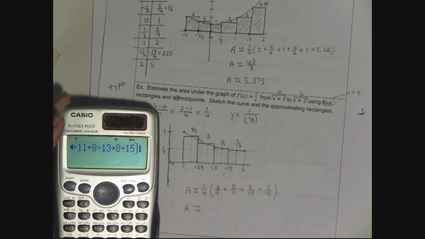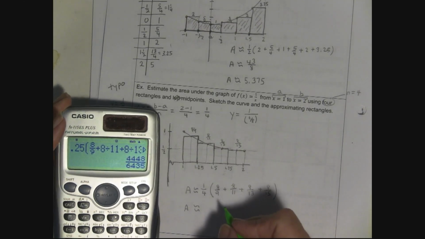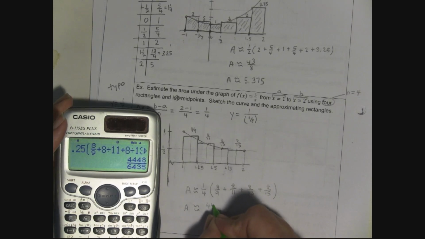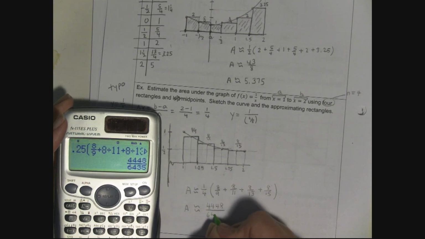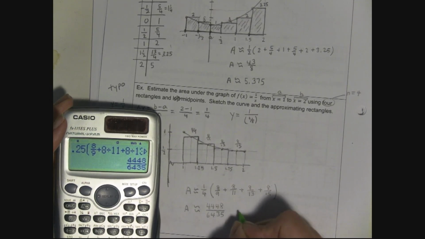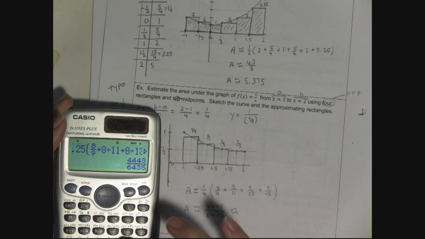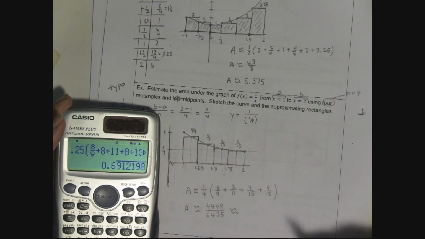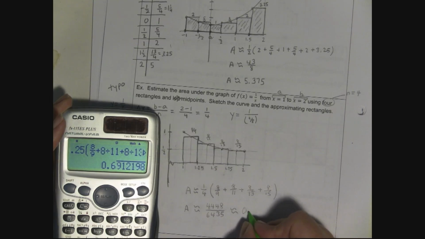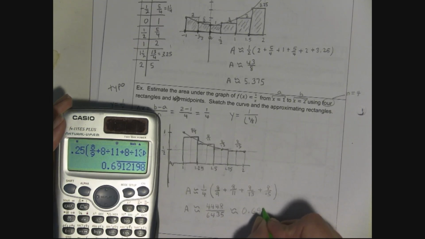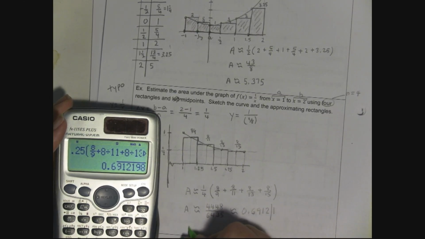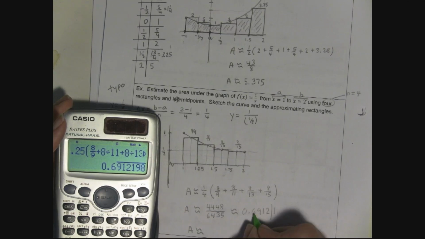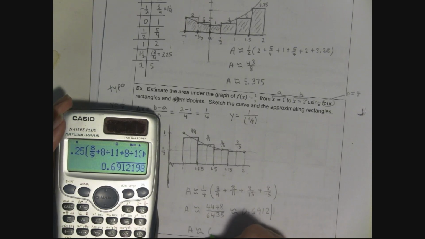In that parenthesis, hit equals, and I get that big value right there, which I'm sure, since they're having me approximate this, they probably took to 4 places in the back of your book like they did on the other. So this is 0.69121. 4 places would be that area, so 1, 2, 3, 4 would just be a 2.